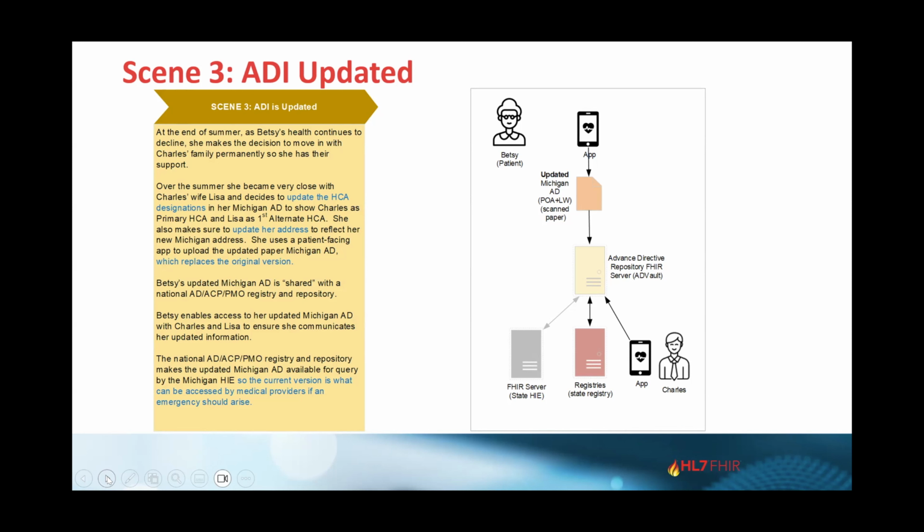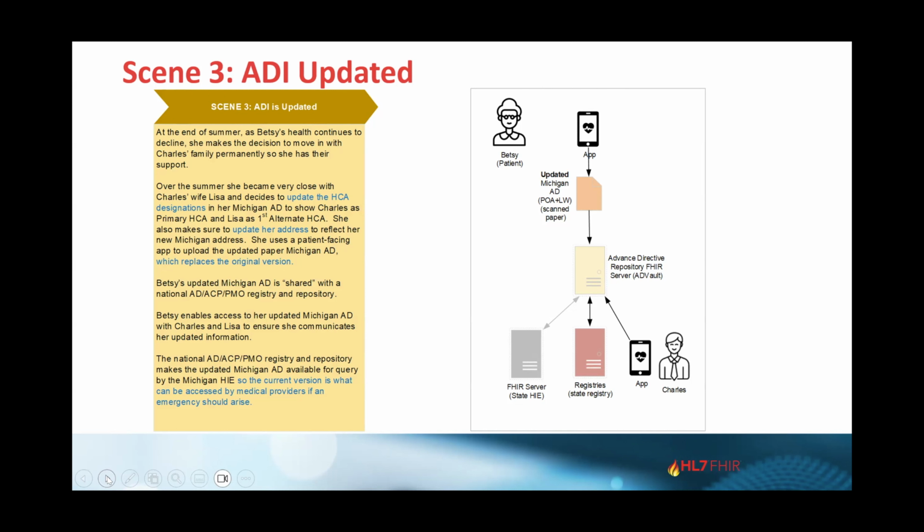She uses a patient-facing app to upload the updated paper Michigan Advance Directive, which replaces the original version that was available. Betsy's updated Michigan Advance Directive is shared with the National AD, ACP, PMO Registry and Repository, and Betsy enables access to her updated Michigan Advance Directive with Charles and Lisa to ensure she communicates her updated information.